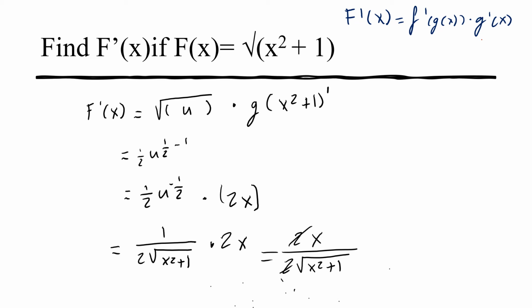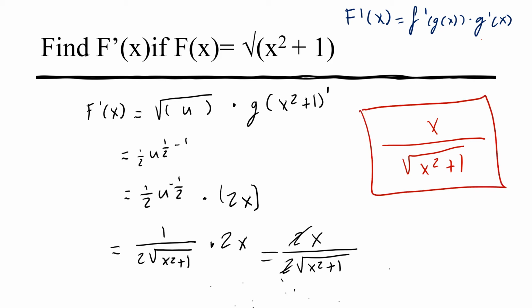These 2's will cancel, giving us the final answer of x over the square root of x squared plus 1. So in this equation, this is our final answer. That is f derivative of x.